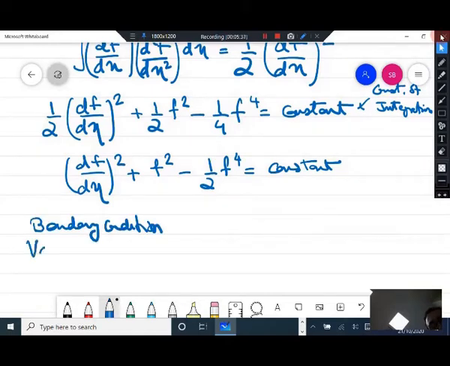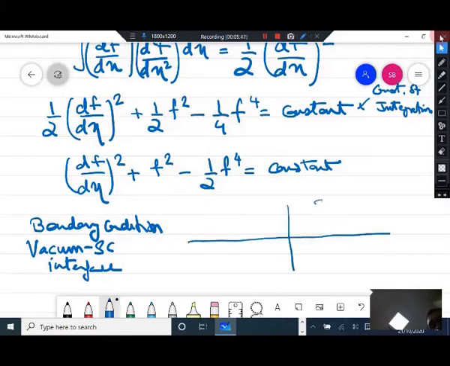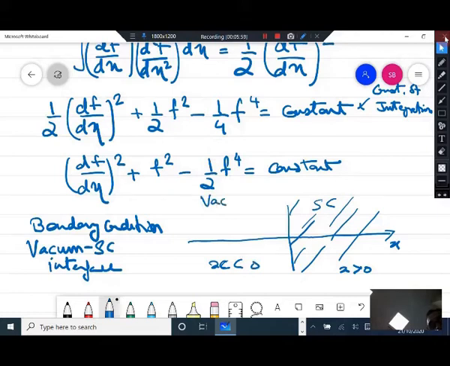For the vacuum superconductor interface, you have a vacuum superconductor interface. For x greater than 0 you have the superconductor, and for x less than 0 you have vacuum.